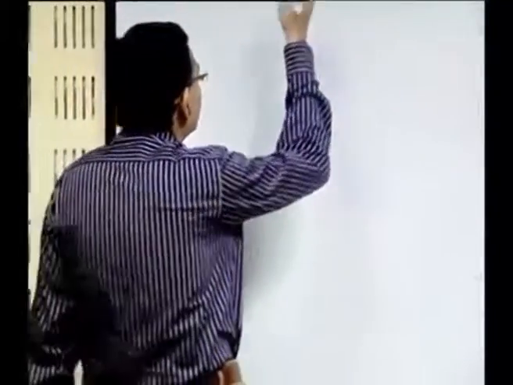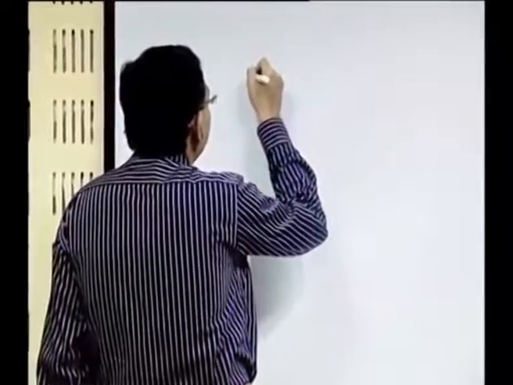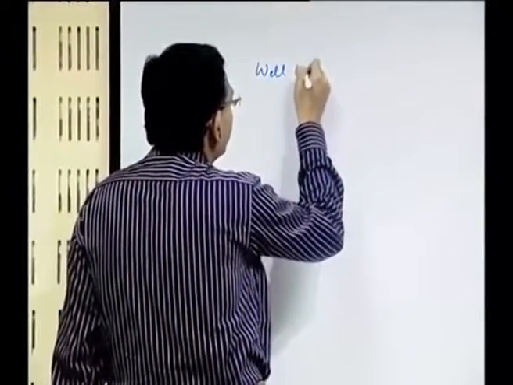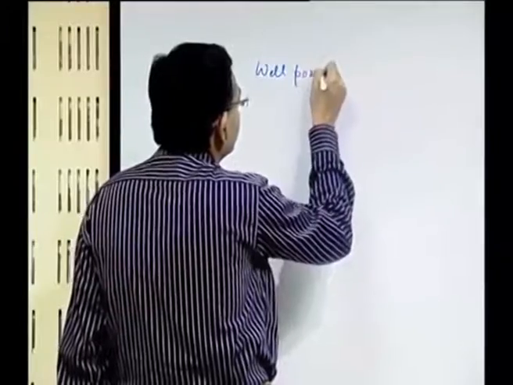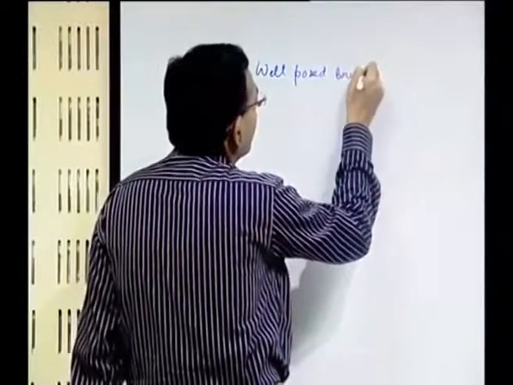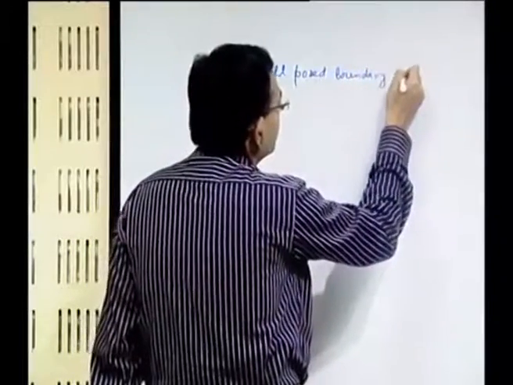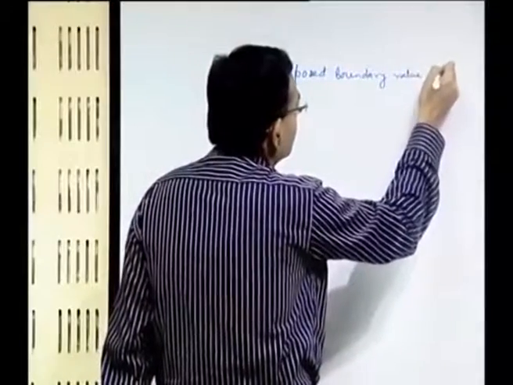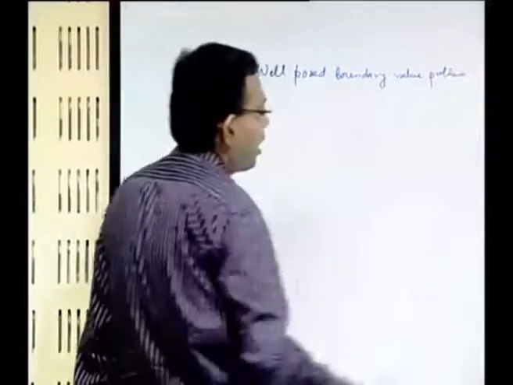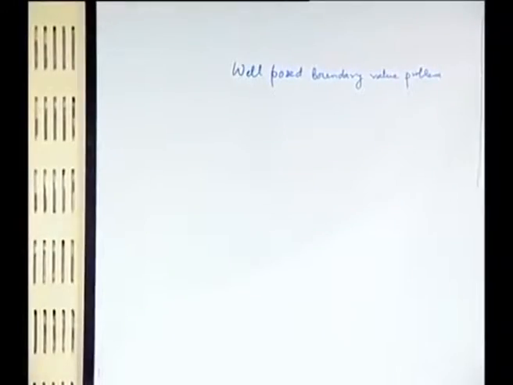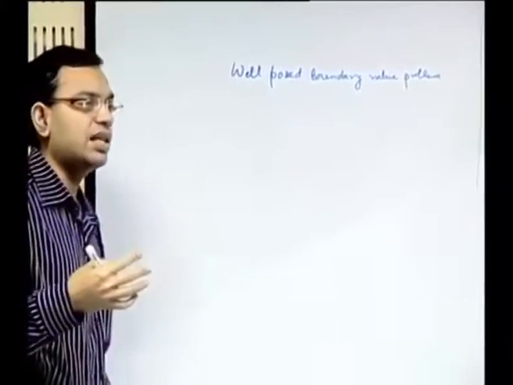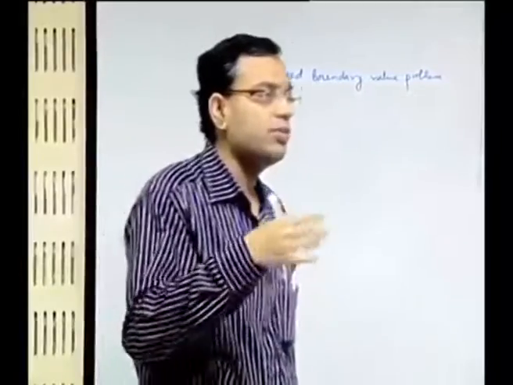The first terminology that we will consider is what we call a well posed boundary value problem. Sometimes in a loose sense we say that the problem is ill posed or the problem is well posed.